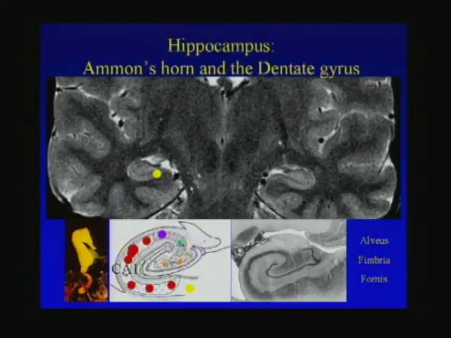On MRI, here we have the transitional cortex from neocortex into the hippocampus, which is 3-layered cortex. This is the subiculum, and we're guesstimating where CA1, 2, 3, and 4 might be, and the dentate gyrus.